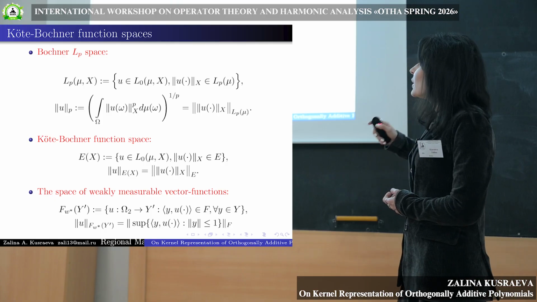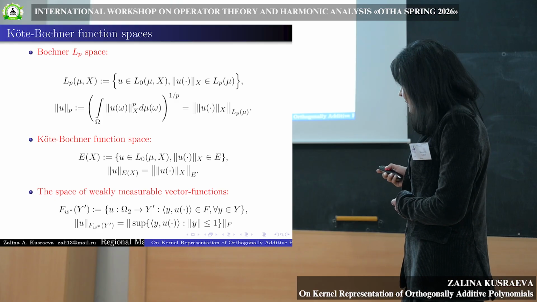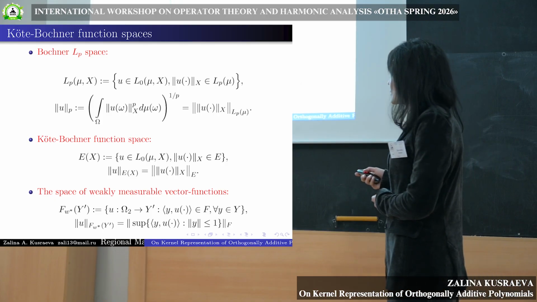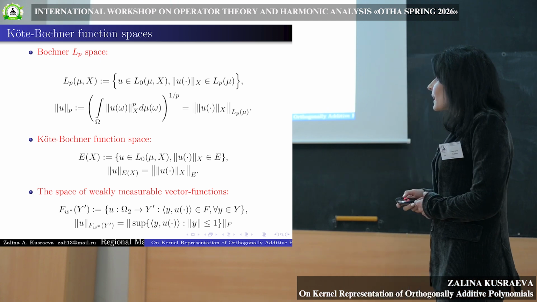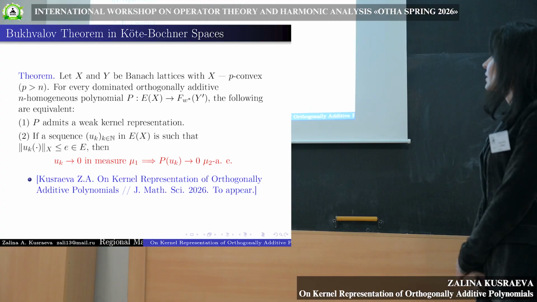So in the general case our polynomial will act between the Köthe-Bochner function space and the space of weakly measurable vector functions, which is defined as follows. And the norm is given by the formula here. As a result, we get the following theorem.